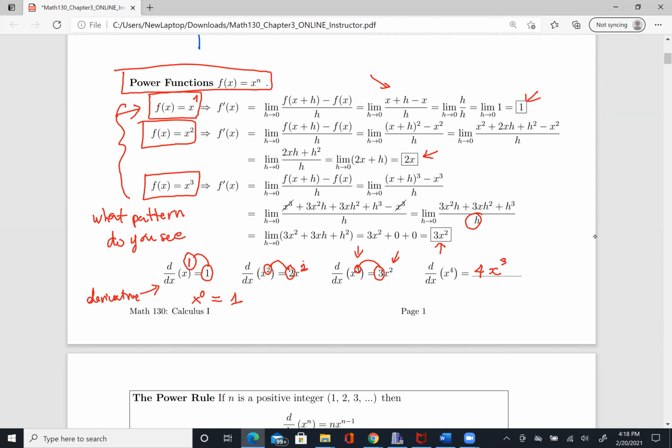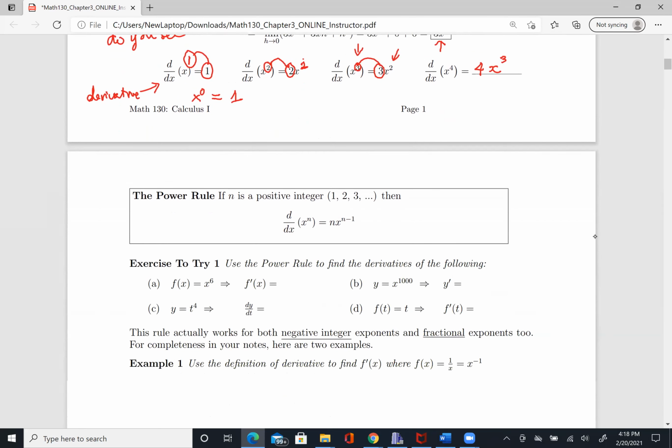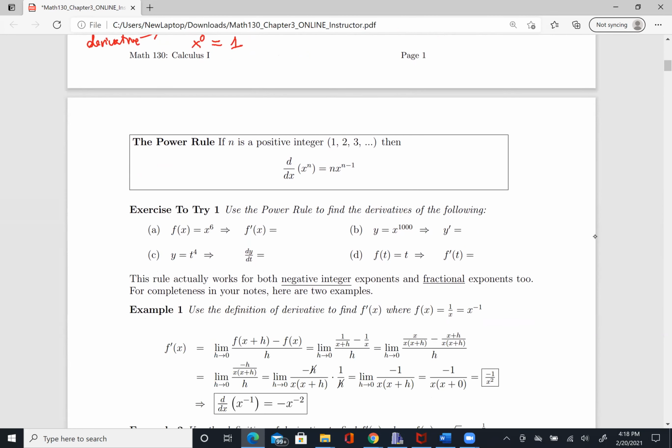Okay, now next, let's see the rule. Let's see the power rule. Like I said at the first of this section, we are trying to find the quickest way, instead of using the limit, to find the derivative, right?